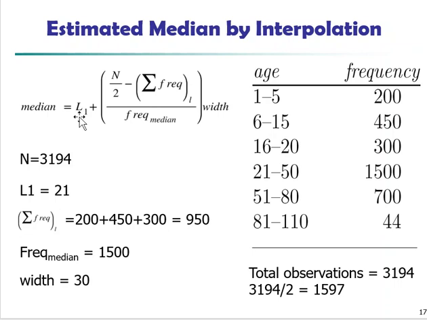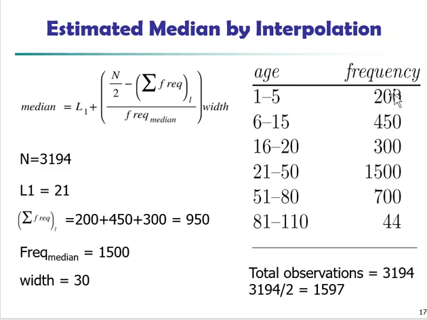And L1 is the starting number of the range that could hold the median. We know the total number of observations, and because the median is the middle value, if we sort this in order, our median is going to be the 1597th observation.